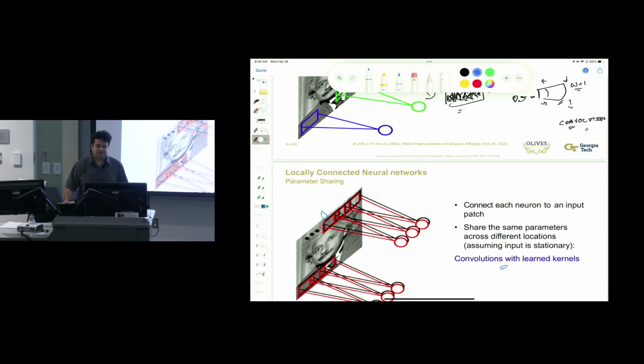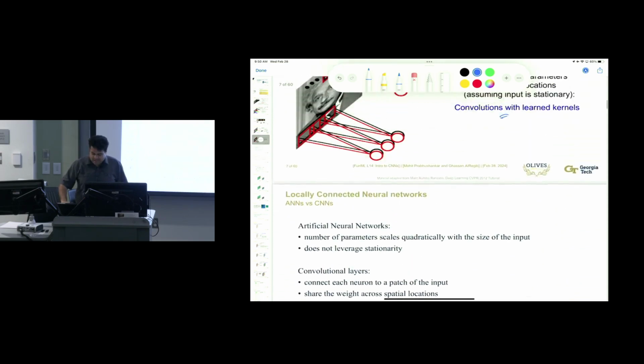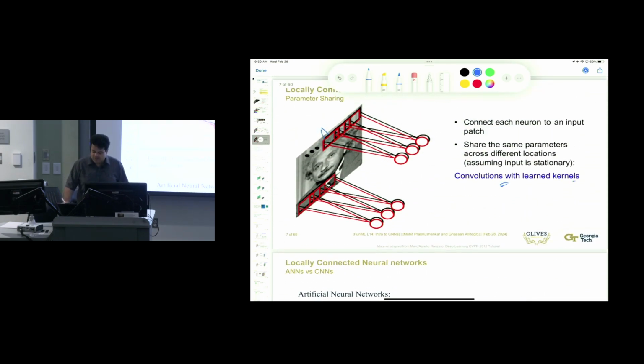of kernels. Now, I'll be using the words kernel and filters interchangeably. This basically comes from different communities. If you're coming from a more mathematical perspective, if you've taken a lot more math classes, then kernels is something that you will be familiar with. If you're coming from a signal processing perspective, then you would have heard the word filter.